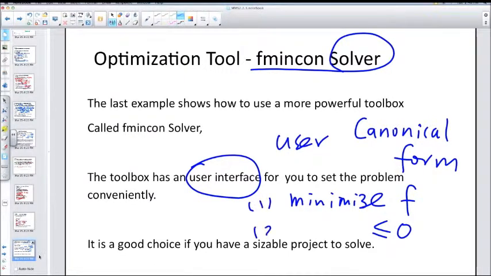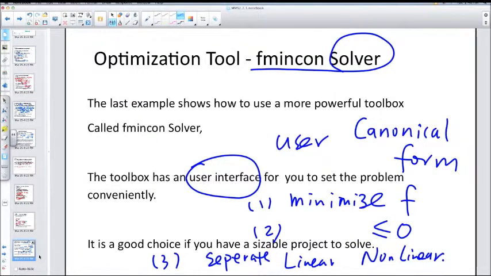Third, you need to separate linear and nonlinear constraints. We did not talk about linear this time, but we talked about it in the last lesson, and you have it in your textbook. So once you know how to write into the canonical form, you're good to use the fmincon function. I call it fmincon, minimize with constraints.